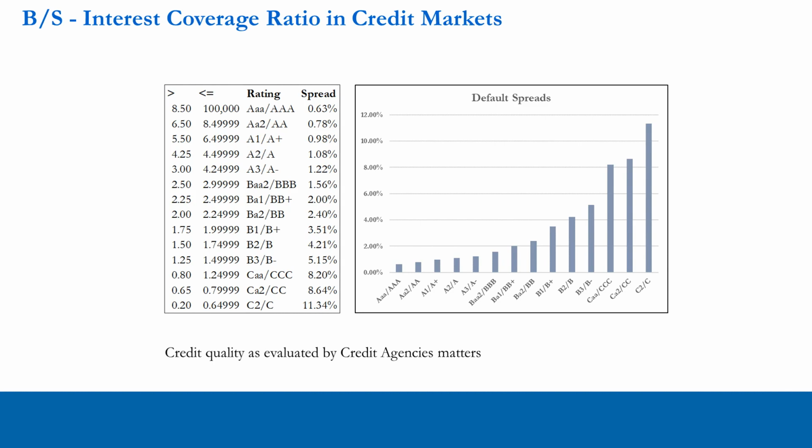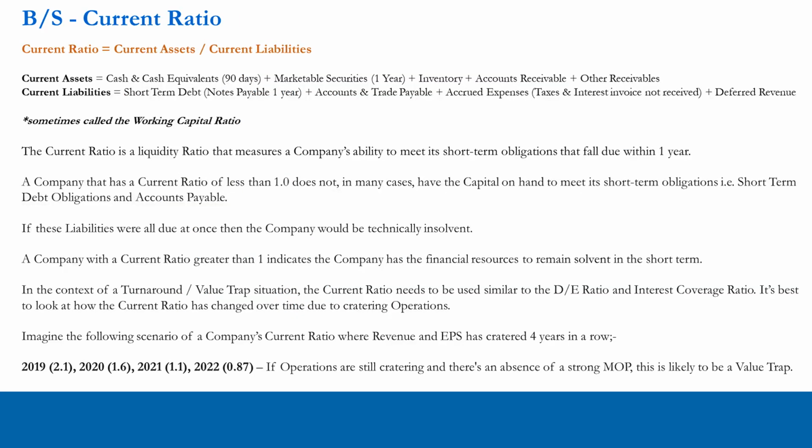Now, next up, in our backwards looking financial statements quant metrics that we look at, we're looking at now the current ratio, which is current assets over current liabilities. Current assets is made up of cash and cash equivalents that can be accessed or liquidated within 90 days, plus marketable securities that can be liquidated within 1 year, plus inventory, plus accounts receivable and other receivables.